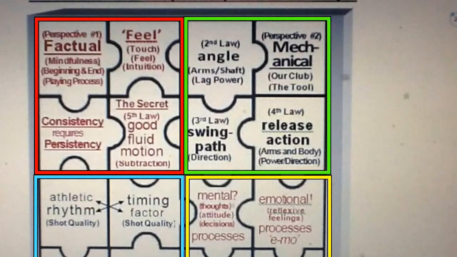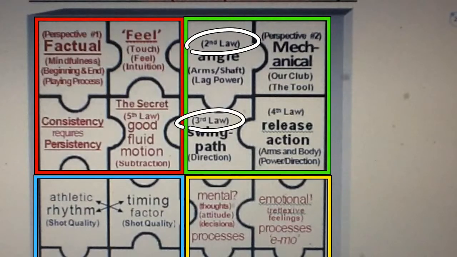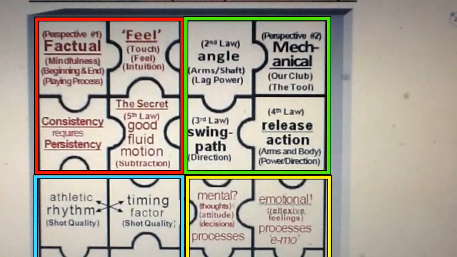And again, it's here that we see the three mechanical laws related to the mechanical perspective, and that is, again, the mechanical law of angle, angular momentum in the golf swing, involving our arms and the shaft of the club, creating lag power, which is angular momentum in the golf swing. So the angle is our primary source of power, creating lag power in our golf swing.